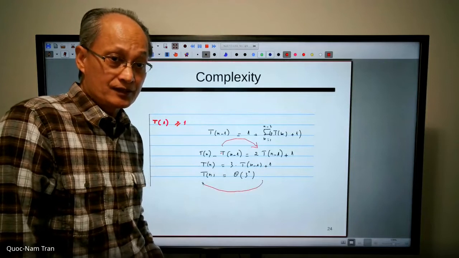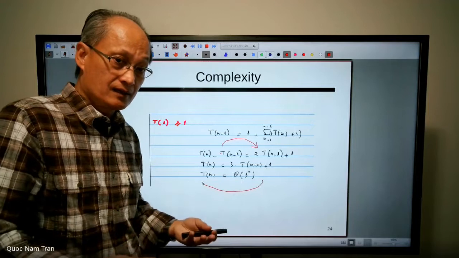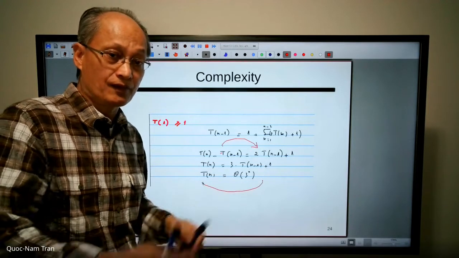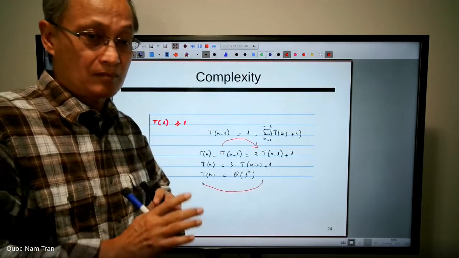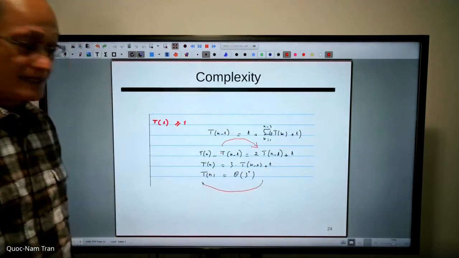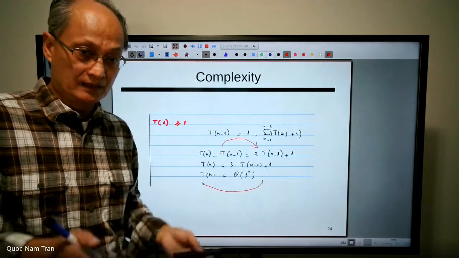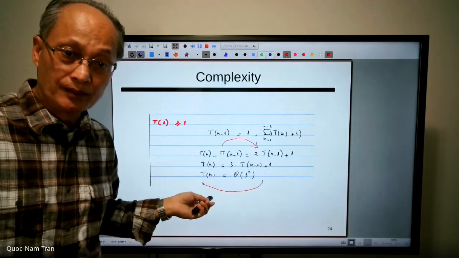Okay, so in this case, divide and conquer has the same complexity like we have for the exhaustive search. Check all possibilities, right? So in that sense, divide and conquer is not a good algorithm here for solving this particular problem, right?